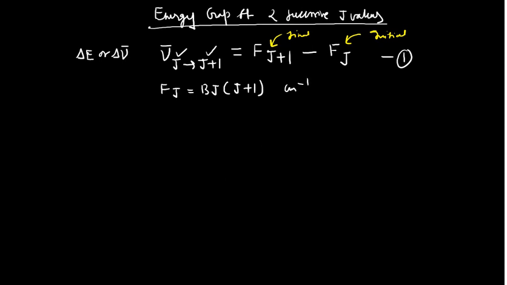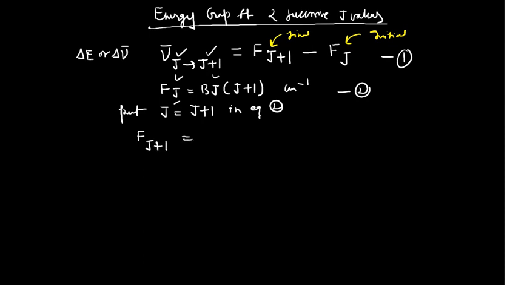Now what you can do, you can put the value of j equals j plus 1. Why? Because the transition is happening from j to j plus 1. Say, for example, this is equation number 2. Put j equals j plus 1 in equation 2. So this would be j plus 1 now.